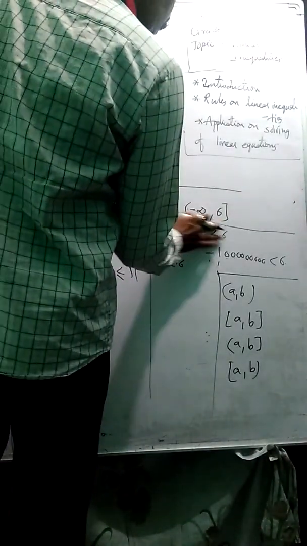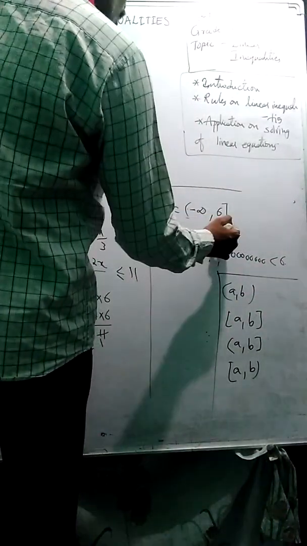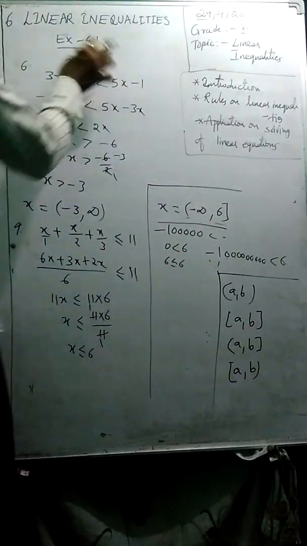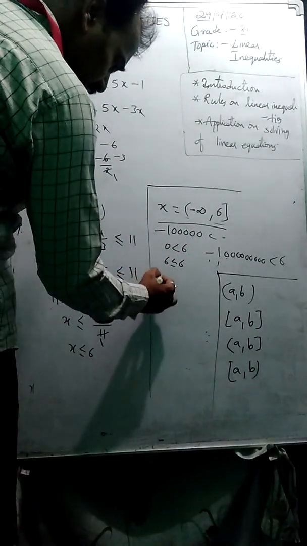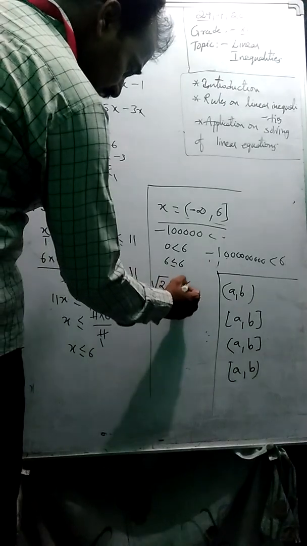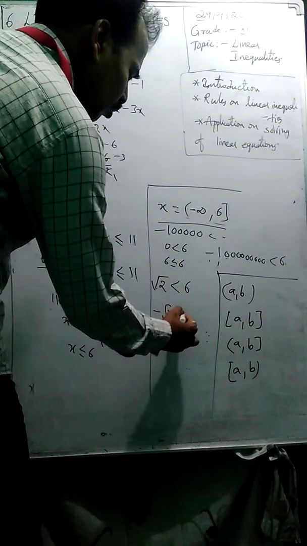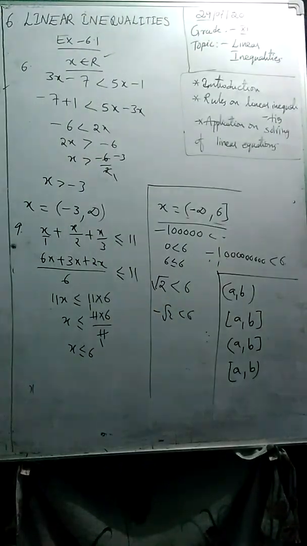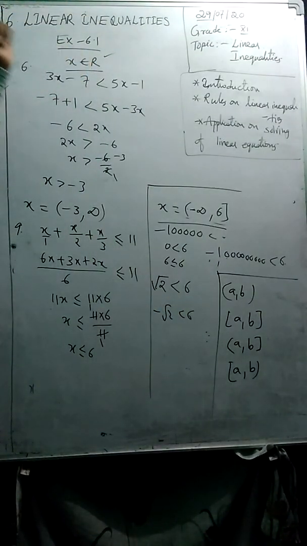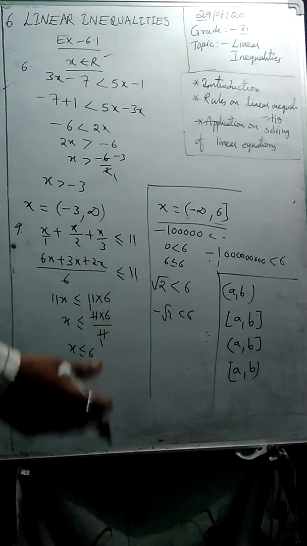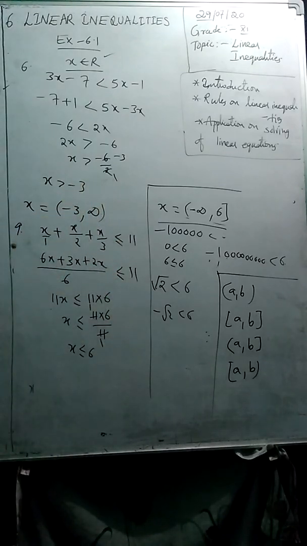All solutions are possible whenever we have real numbers. Root 2 is also less than 6 only. Minus root 2 is also less than 6 only. Because it is a real number set: rational, irrational, whole numbers, integers, everything is included in this.